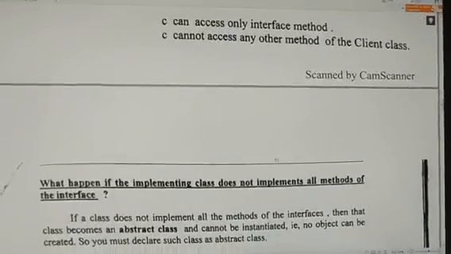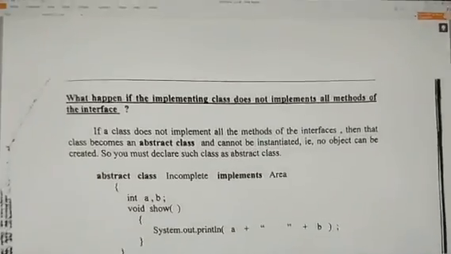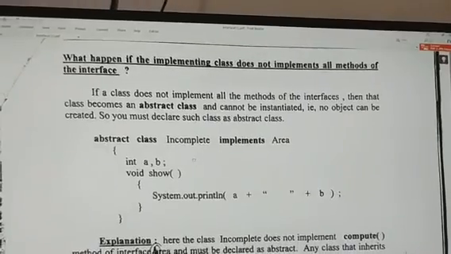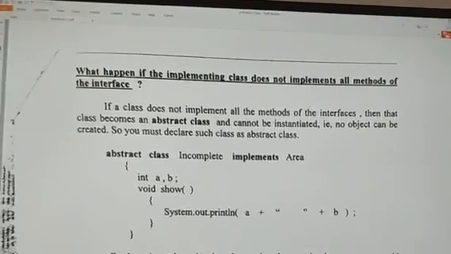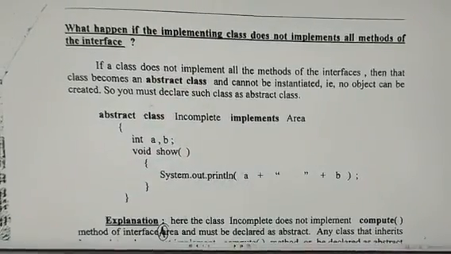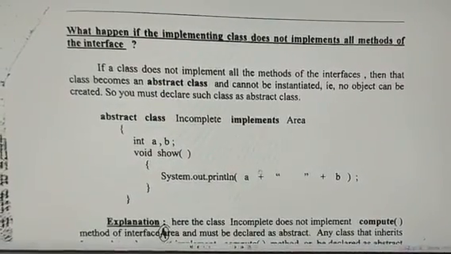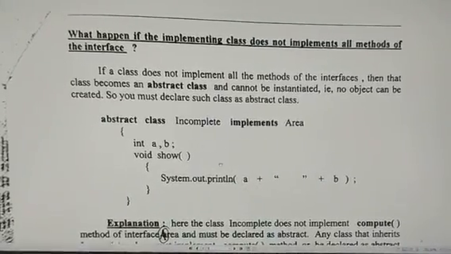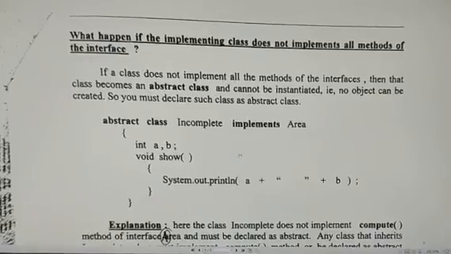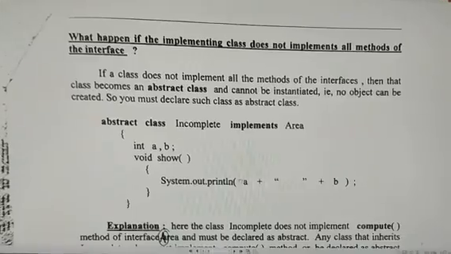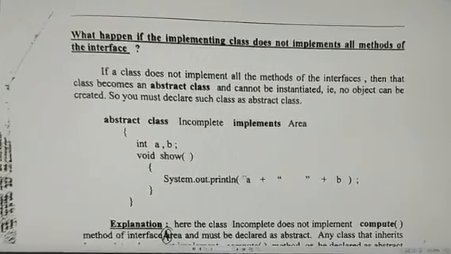Okay, now let us come to another one. Here an abstract class is given. One of the most important questions asked is, what is the difference between an abstract class and an interface? An abstract class may contain abstract methods or full methods, but in an interface only abstract methods are present.